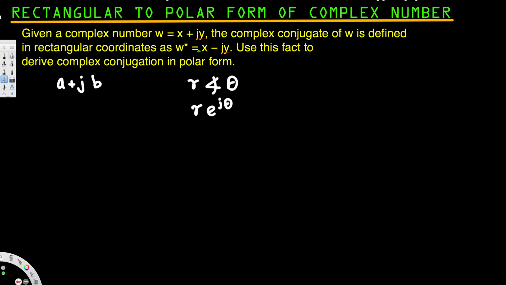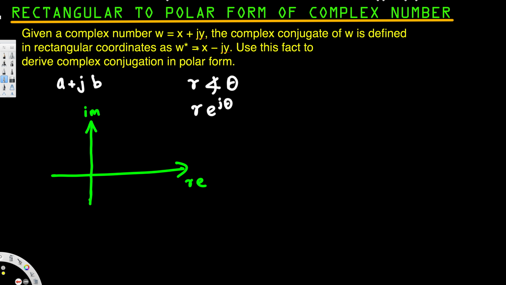If you look at the graph for a rectangular form, the graph is going to look like this. On the y-axis we will have the imaginary part, and on the x-axis we will have the real part. When we write a complex number in rectangular form, we are looking at the exact location.